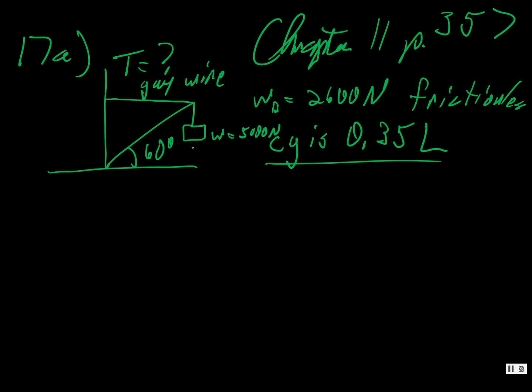Okay, so we have the weight pulling down, and of course we have the tension in the guy wire, tension in G, okay? And then we have the 60-degree angle of the boom with the ground, okay? So what kind of problem is this?